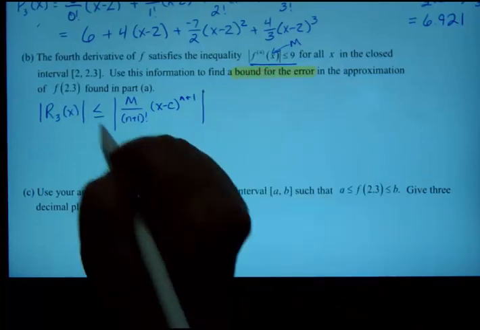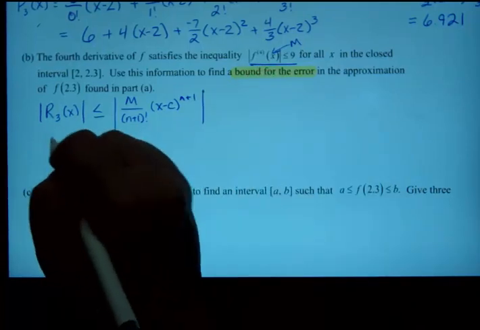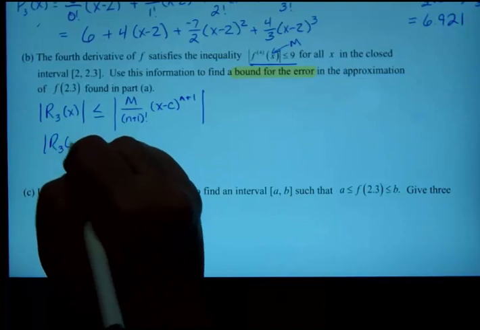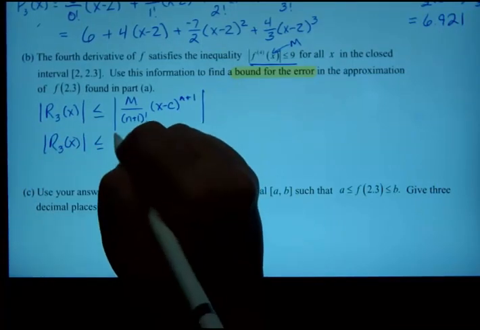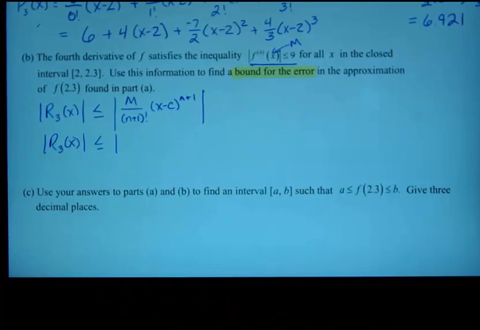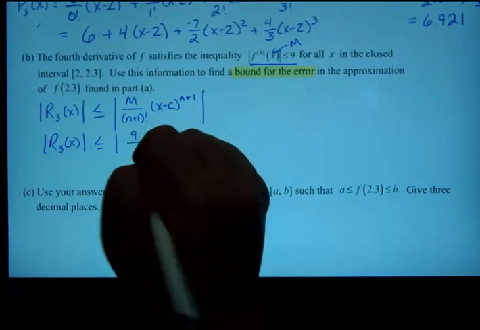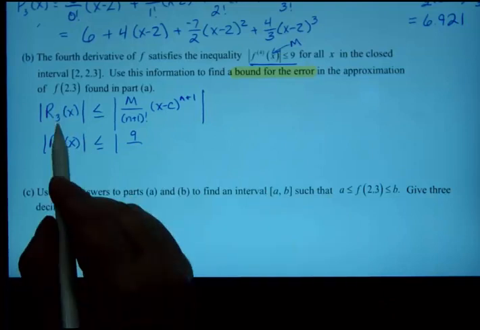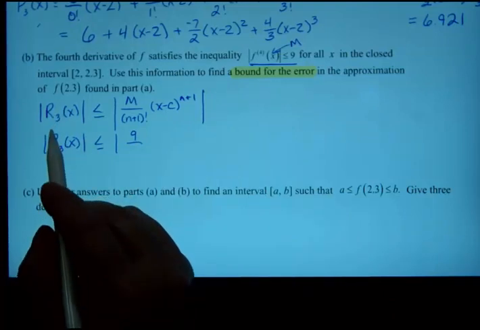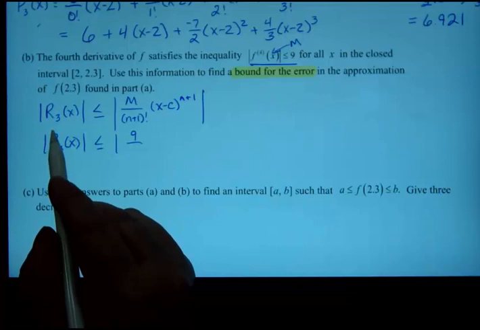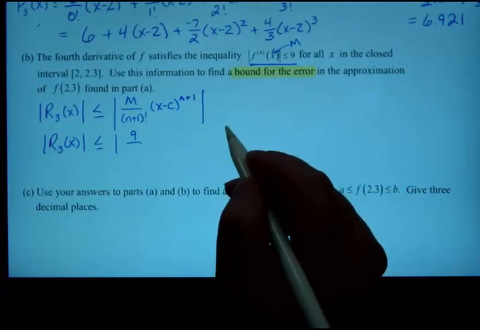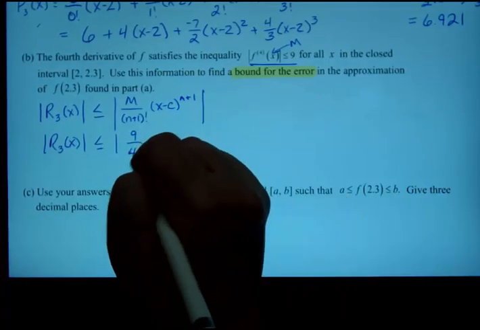Okay? So, the absolute value of R3 of x is less than or equal to. What did we say that M is less than or equal to? 9. So put a 9 on top. N is 3, because n is how far out I took my polynomial. So what's the denominator going to be? 4 factorial.